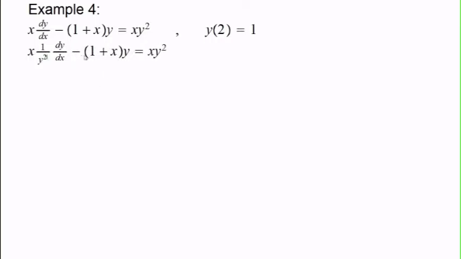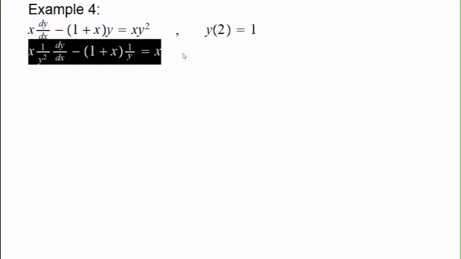So we'll get a y square here and a 1 over y here, and this y square disappears. And of course we will divide by this x. So in order to set it up like that, let's divide the equation by x.